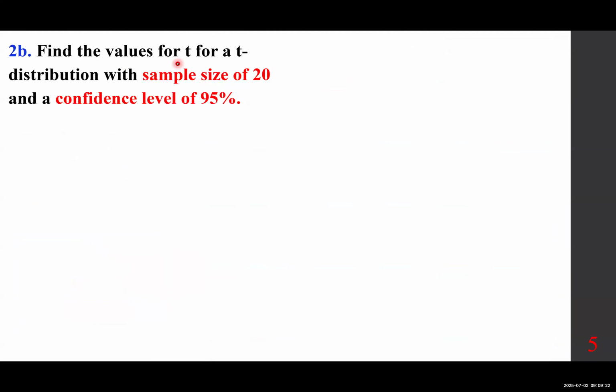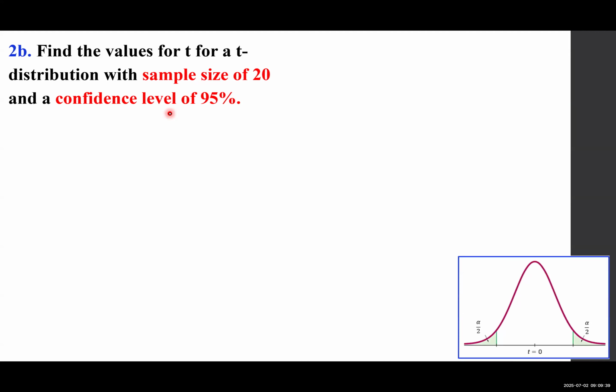Find the value for T, for a T distribution with a sample size of 20 and a confidence level of 95%. It's a good idea to have the drawing.